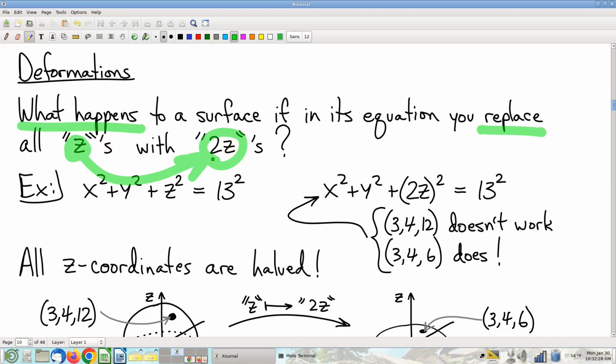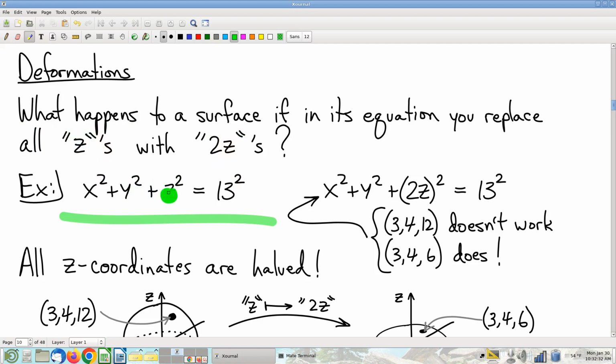So for example, what happens to this equation here if, where I have a z, I just replace it with 2z? Reasonable question to ask, right?